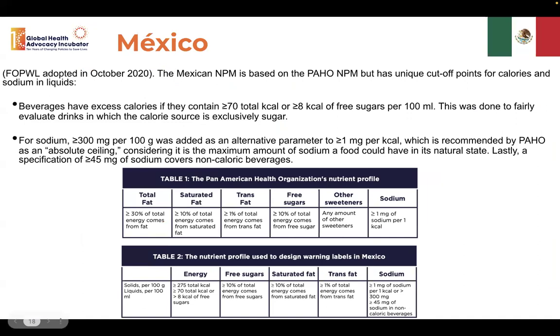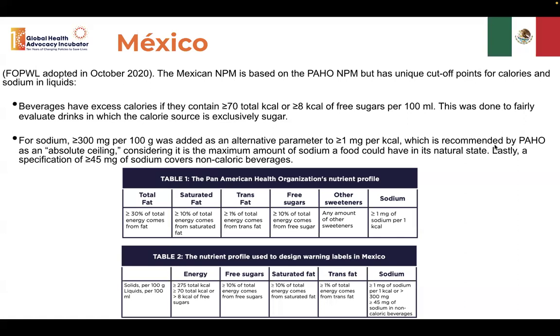To finalize the presentation, we want to share the experience of Mexico. This is also included in the position paper, because Mexico was an emblematic and inspiring case. Building on the PAHO nutrient profile model, which was the strictest at that moment, Mexico analyzed the experience of Chile regarding non-sugar sweeteners and included them. It also included caffeine, because it's not recommended for children, and improved the sodium threshold for high caloric density products.